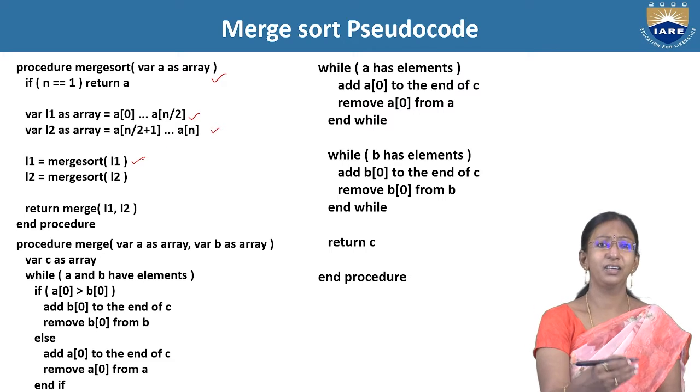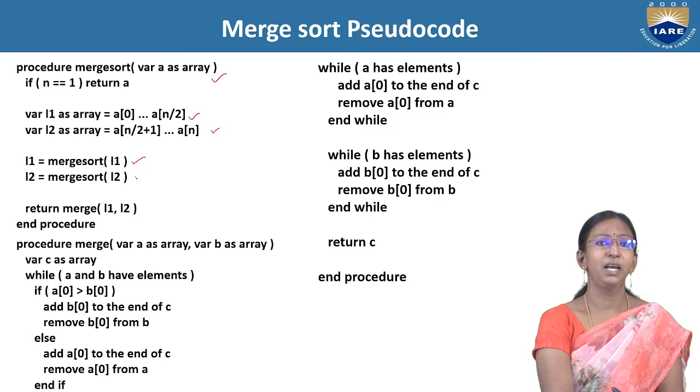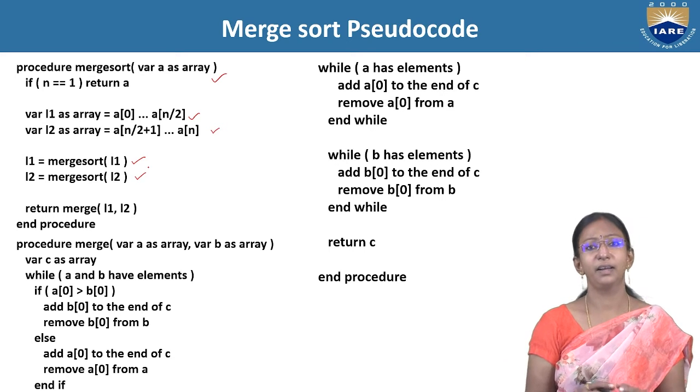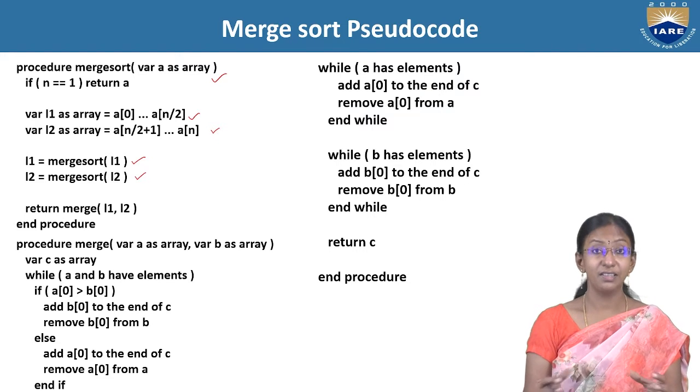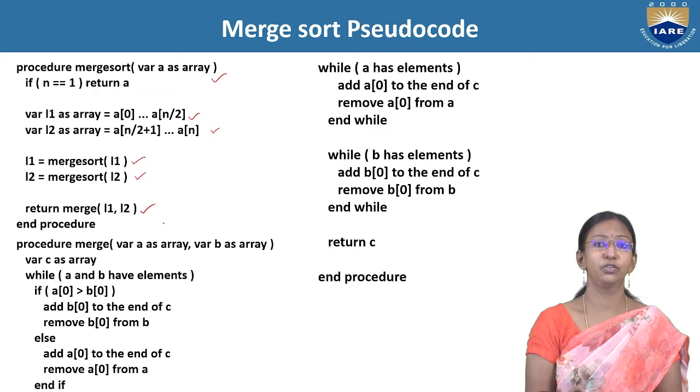It is a recursive one. That means a function which calls itself. The left side and right side are going to call itself and further divide. Once they all get divided, using the merge function, I'm going to merge them all.